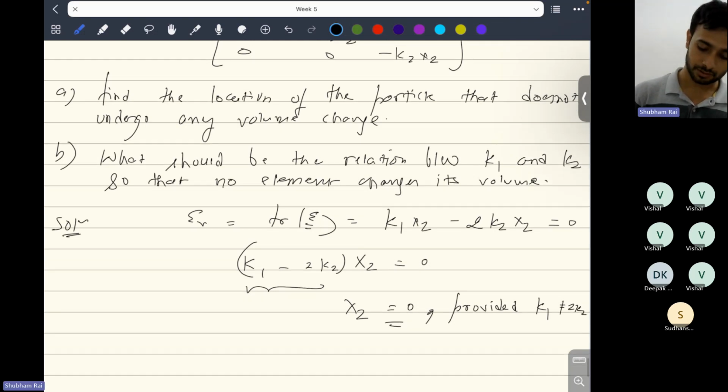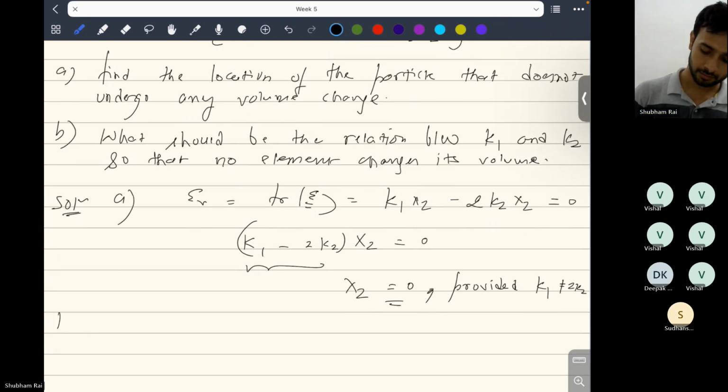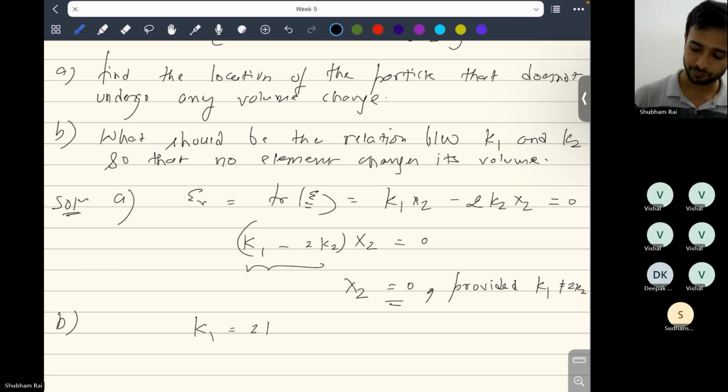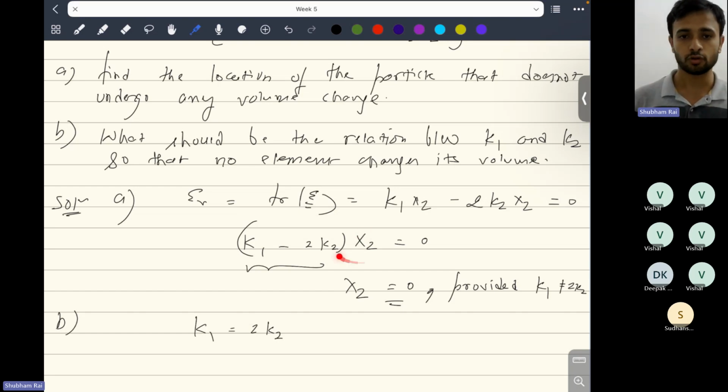Okay, so this is part A. But if K1 is equal to 2K2, then this relation will be satisfied irrespective of the value of x2. Right? That means all the elements will get 0 volumetric change. So the answer for the second part, what should be the relation between K1 and K2 so that no element changes its volume, is that K1 should be equal to 2K2. Then irrespective of the value of x2, all the elements will undergo zero volume change.